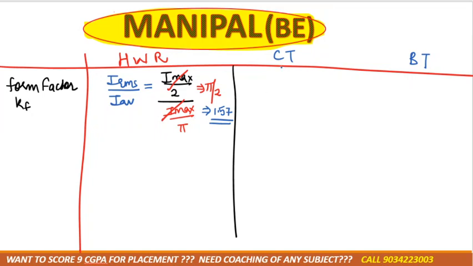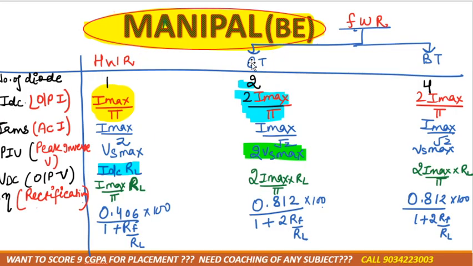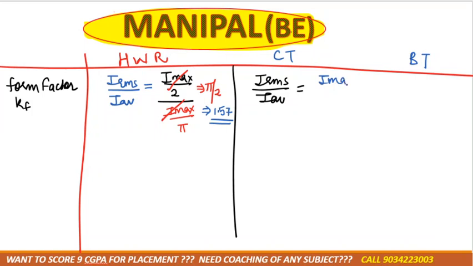Now for the full wave rectifier, it is again the same case. I'm writing in a combined way because it's the same. So the same formula will be used, IRMS divided by I average. But now in this case, what happened in the center tap? The formula of IRMS is not I max by 2, it's I max by root 2. So it would be I max by root 2 and the I average formula is 2 I max by pi, right?